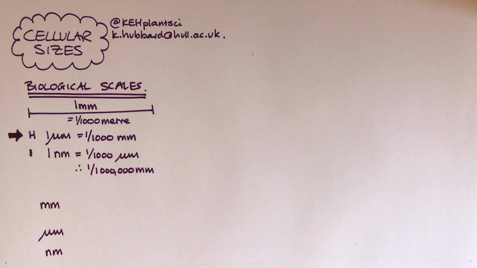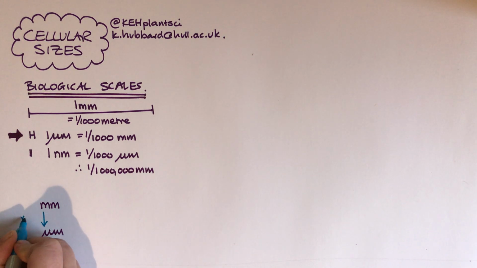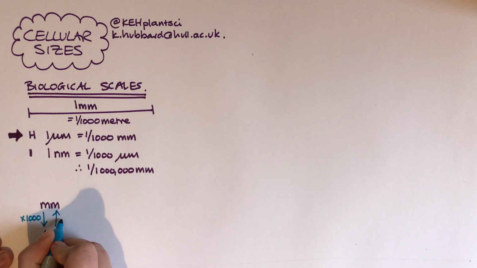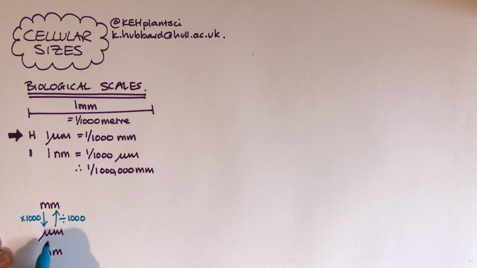If we want to go from millimetres to micrometres, we need to times by 1,000. If we want to go in the other direction, we need to divide by 1,000. And the same is true when we go from micrometres to nanometres: times by 1,000 to go in that direction and divide by 1,000 to get in that direction.